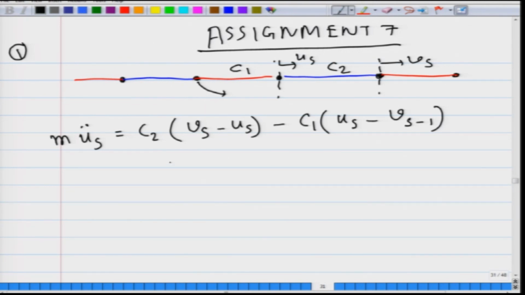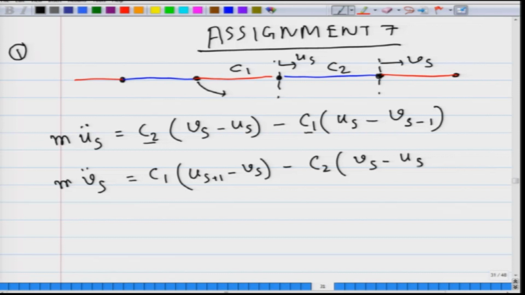We saw that for both of them C2 and C1 were the same, so we took both as C, but here they are different. Simple as that. Similarly for v_s, we will have C1, just the nearest neighbor atom interaction: C1 (u_{s+1} minus v_s) minus C2 (v_s minus u_s). So, these are the two equations of motion.